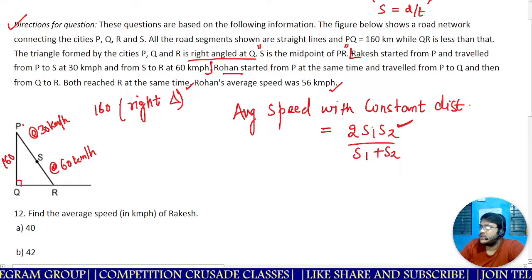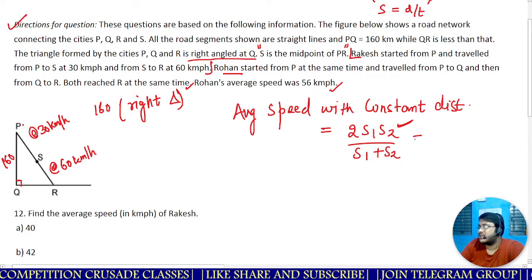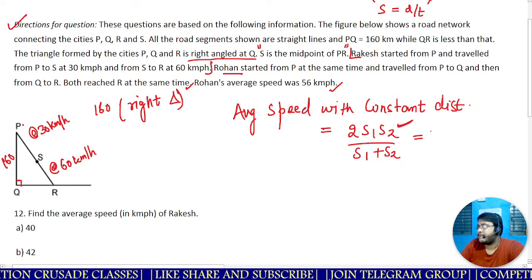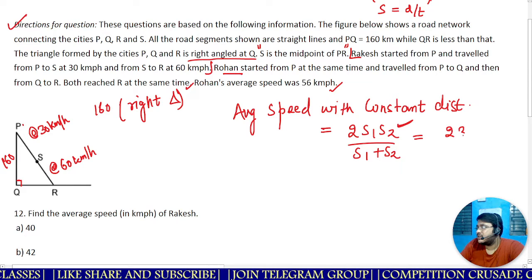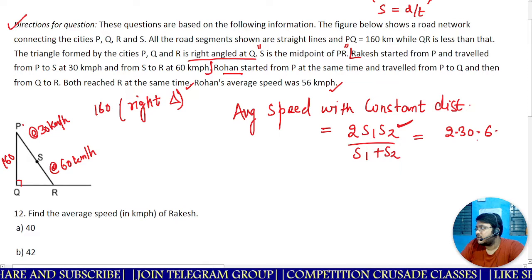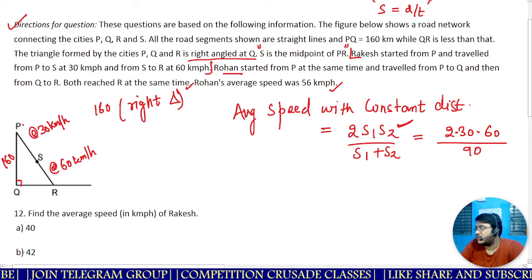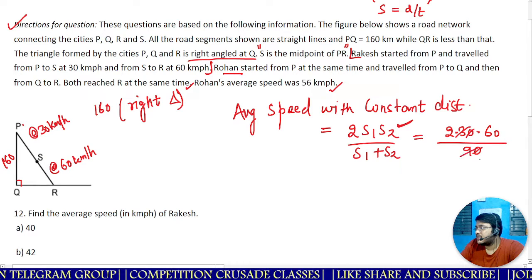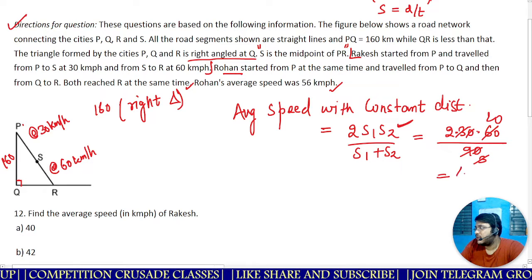So what I can do is directly put the values in the formula and get the answer. So 2 times 30 into 60, divided by 30 plus 60, which is 90. 3 threes are 9 and 3 twenties are 60, so 2 into 20 is 40.